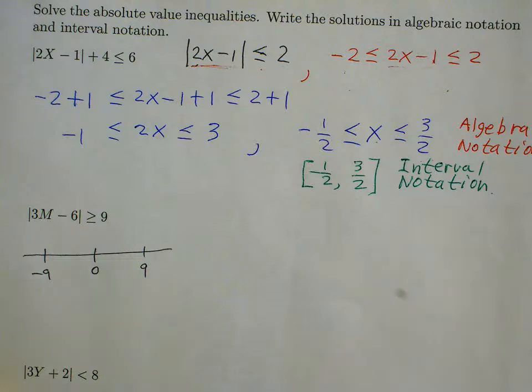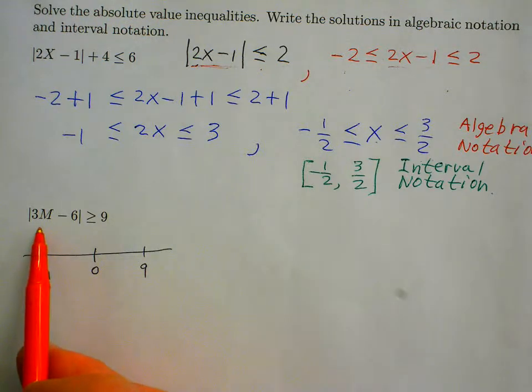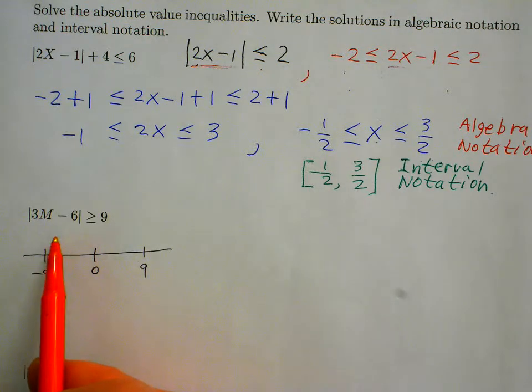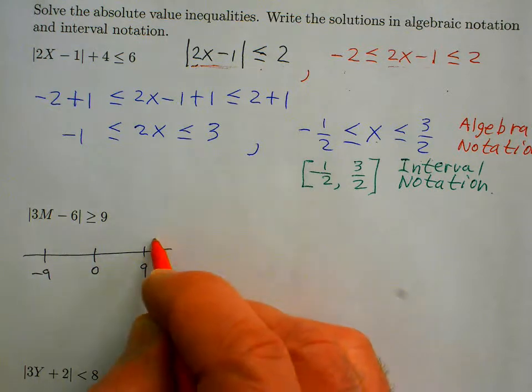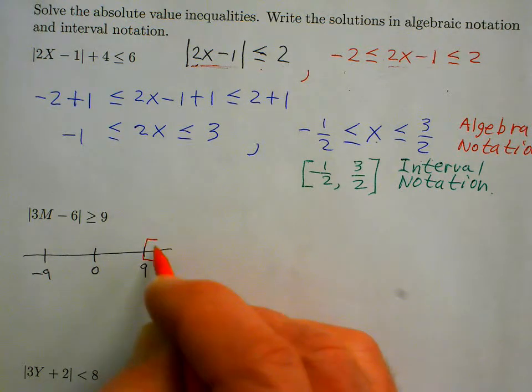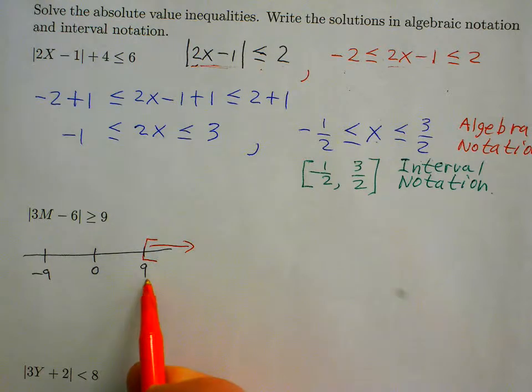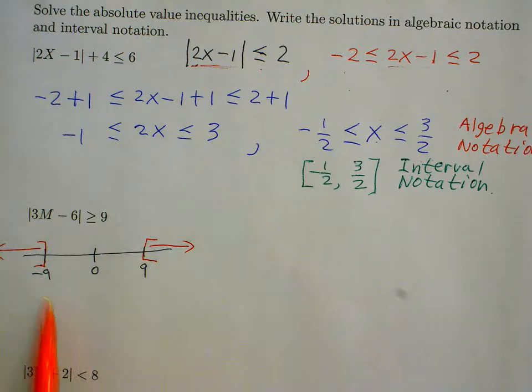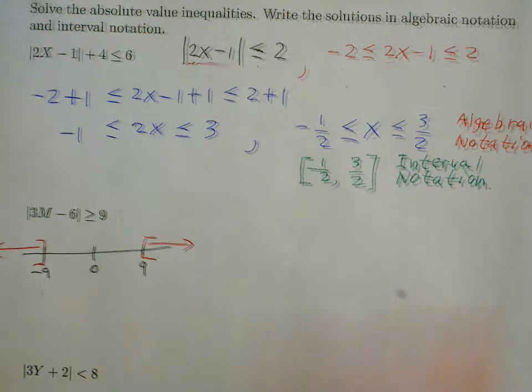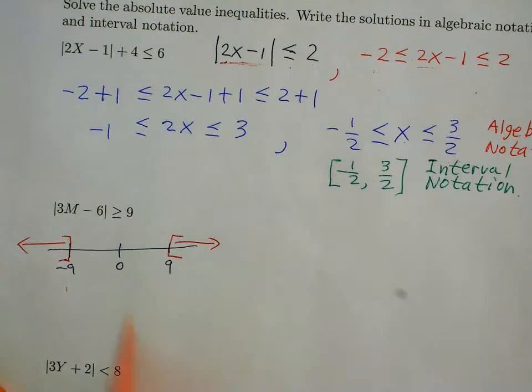So the numbers that have the form 3m minus 6, if their distances from 0 are greater than or equal to 9, well, those numbers are either to the right of 9, including 9, or they are to the left of negative 9, including negative 9. Okay, so this is a rough sketch of the graph, but this just represents 3m minus 6.